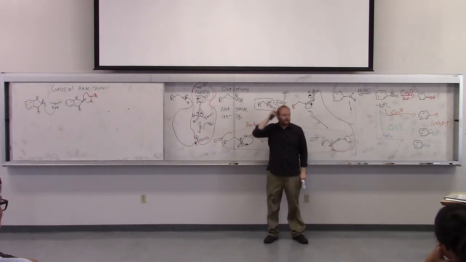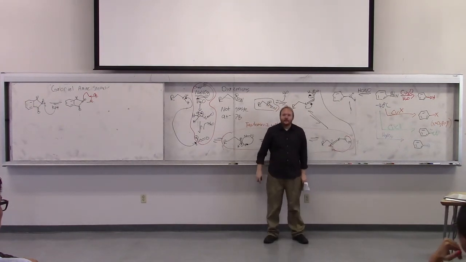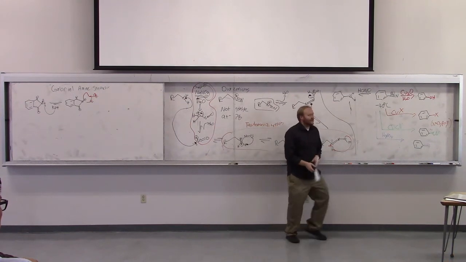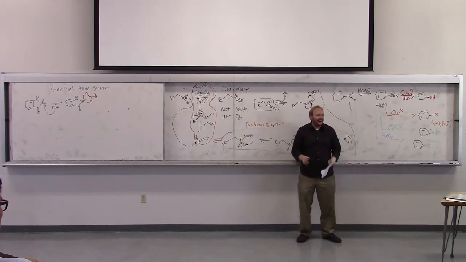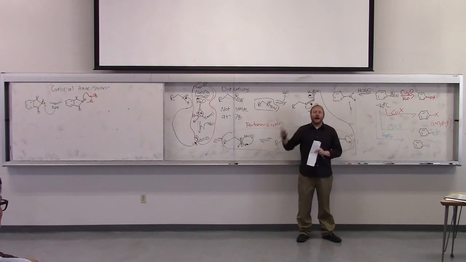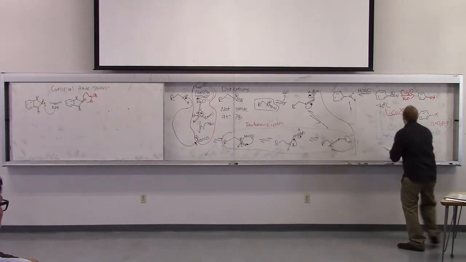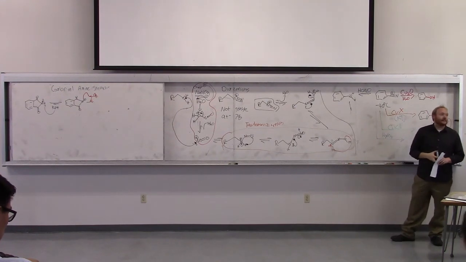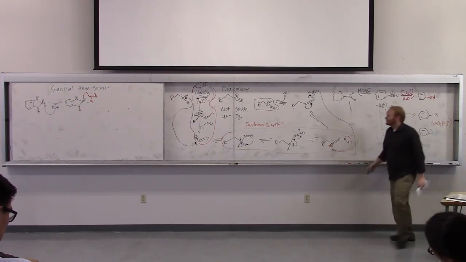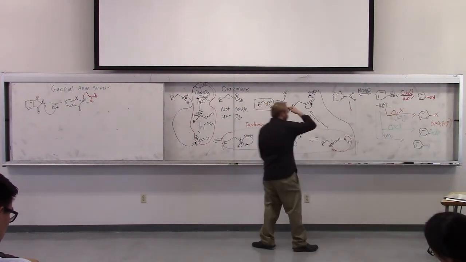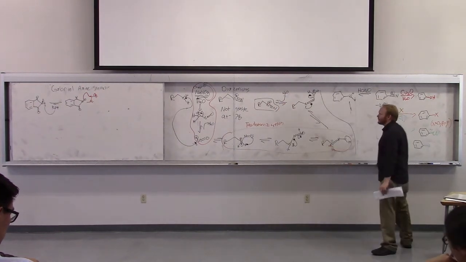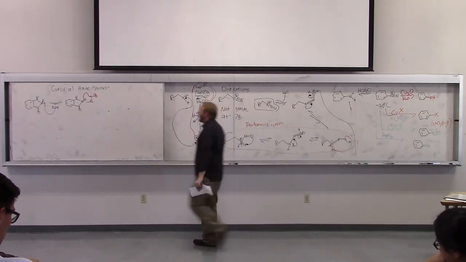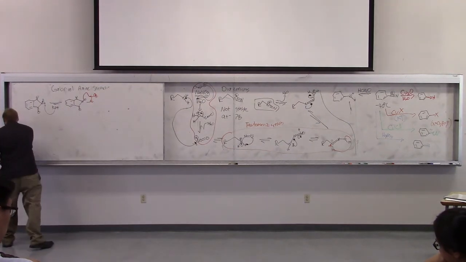Yes? For the halide, can you use iodine as well? For iodine, good point. So iodine reacts differently. Iodine, you don't need to use copper iodide. You can just use I minus. So I guess I'll write in parentheses, if you want to do iodine, you can just use potassium iodide or sodium iodide, for reasons I really couldn't explain well.